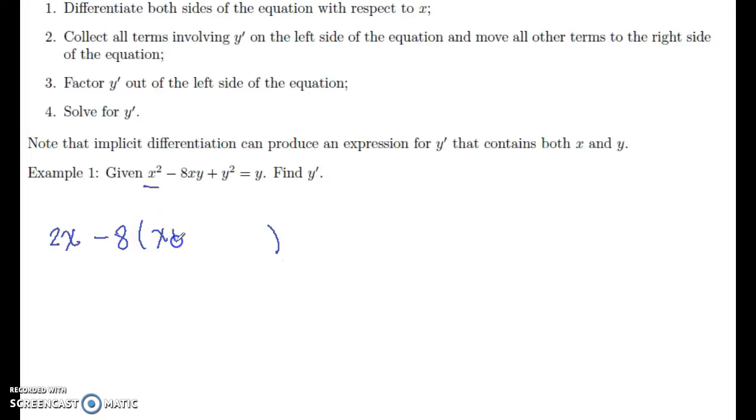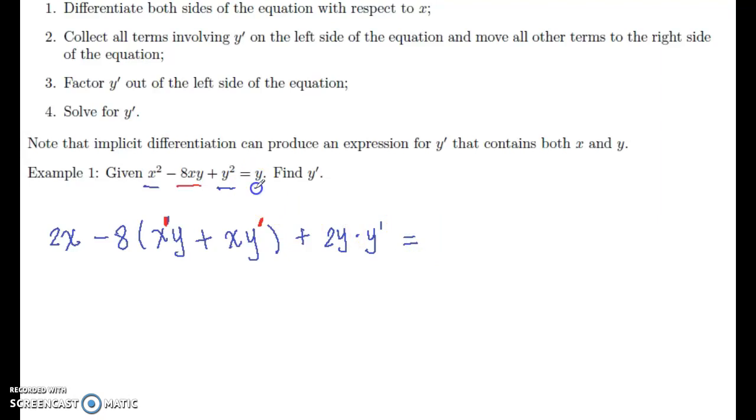So we copy xy twice, use a plus sign connecting them, and we take the derivative of the first term, and then take the derivative of the second term. So this is for the middle term, and then the derivative of y squared is 2y. Remember, whenever you're taking the derivative involving y, you gain a factor of y prime due to the chain rule.